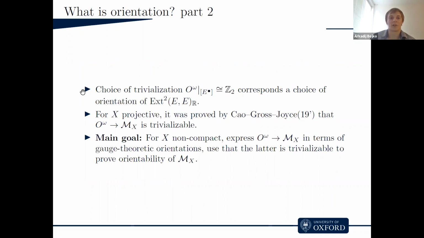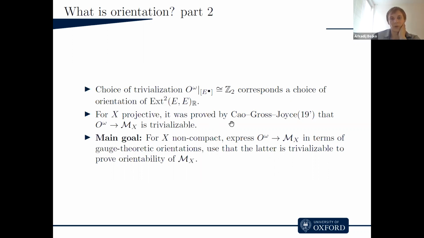So after that, if you choose a trivialization of the orientation bundle that I constructed before, then this trivialization corresponds to a choice of orientation of the real part of the second Ext group with respect to the real structure above.